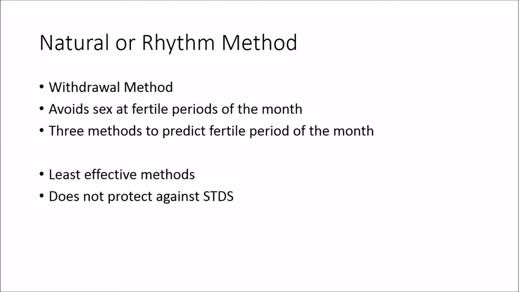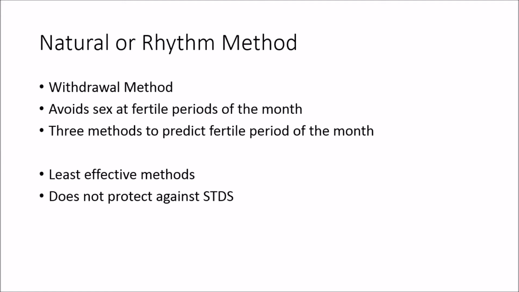Even when done correctly, there's still a large margin of error for pregnancy to occur. Another downfall of this method is that it does not protect against any STDs. So that's basically what the rhythm or the natural method is about.